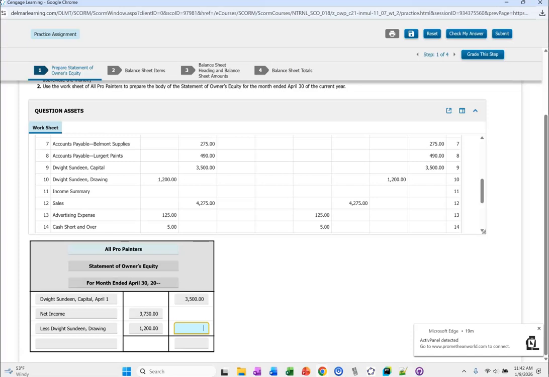And then what's going to go here? 2530, right? The difference between the net income and the drawing. Correct? That's the right value? And then what's this last title? We're supposed to add it up.